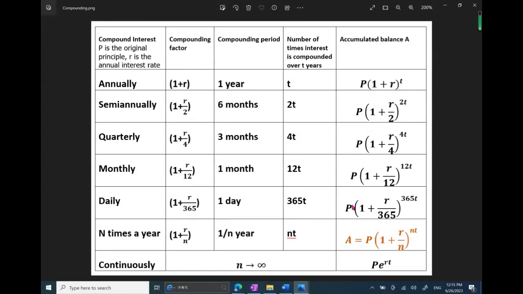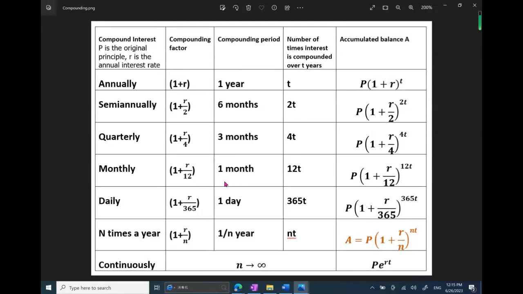And by the end of year T, let's use T as the number of years, your accumulated balance would be the original principal multiplied by the corresponding compounding factor. How many times? The total times your interest is compounded. And that is also the number of compounding periods.